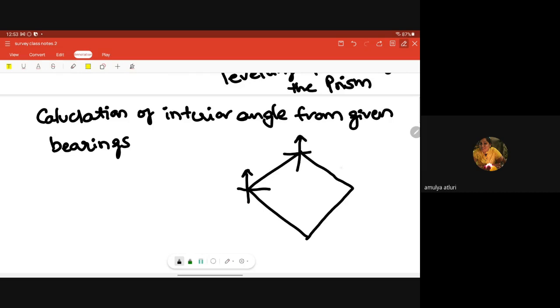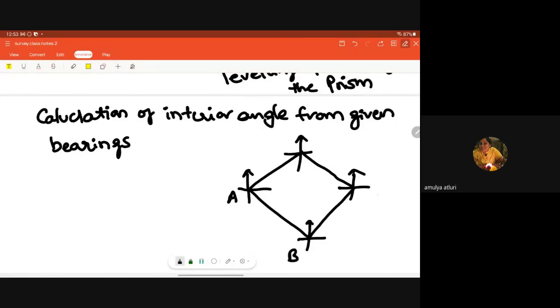For this place it is your north. A, B, C and D. Okay, so I want to calculate angle B. From true north to your survey line, this is your angle, right?